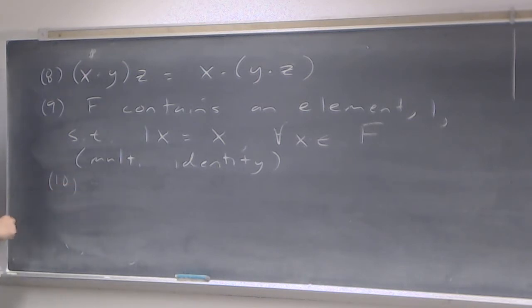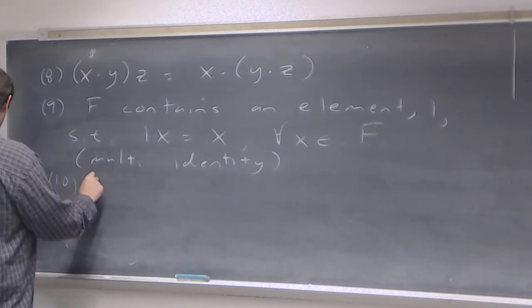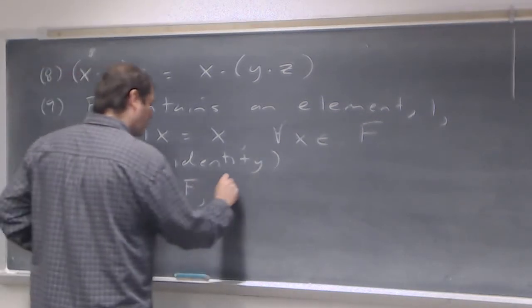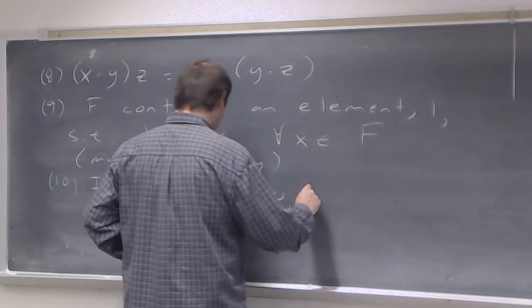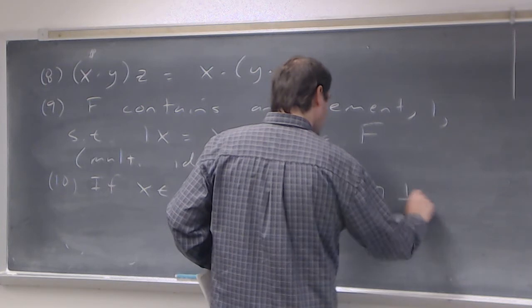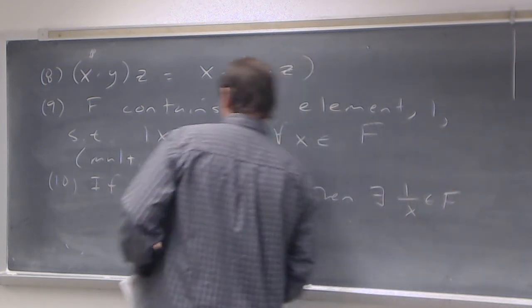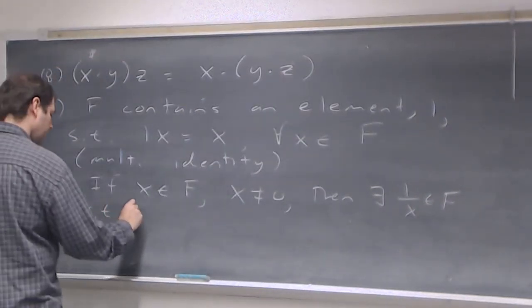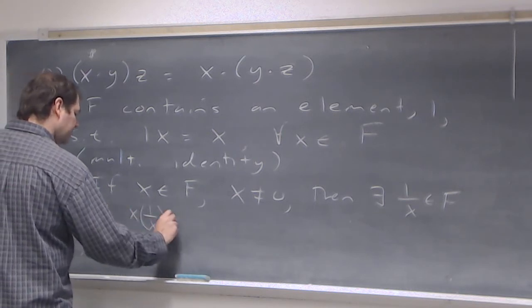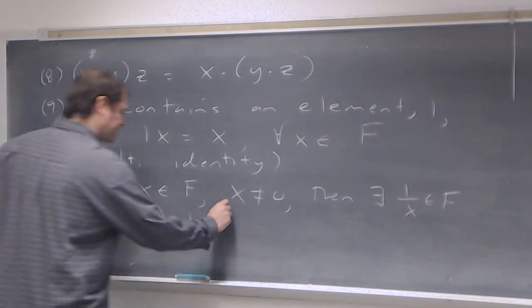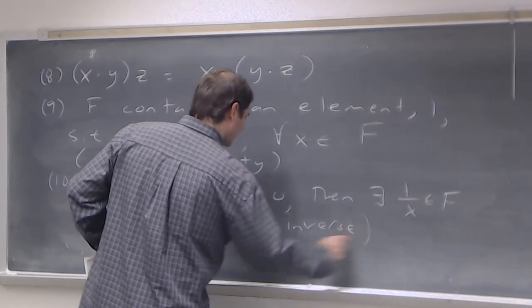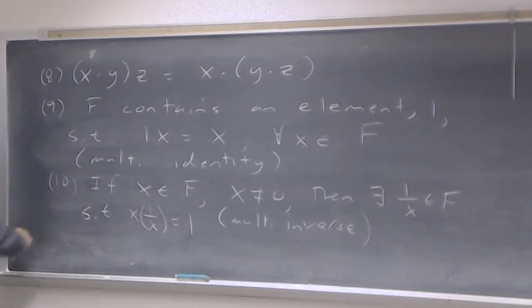Tenthly, this is true for all x's in F, with x being different from 0, then there exists a 1 over x in F such that x times 1 over x is equal to 1. This is the multiplicative inverse, and it exists for everything except for the 0 element, which is the additive identity.